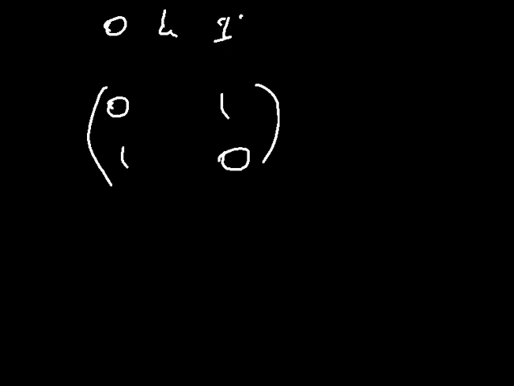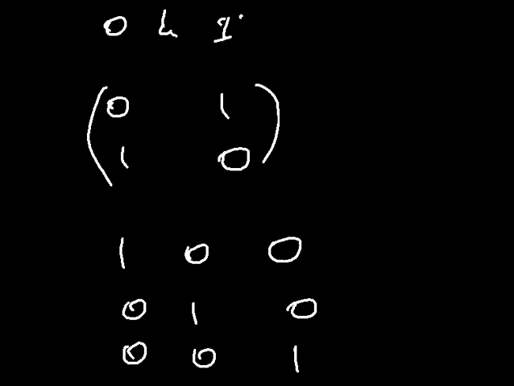You can see that the ones are diagonally presented, and the zeros are also in their places. We can have 1, 0, 0, then 0, 1, 0, then 0, 0, 1. So this is what we call the identity matrices. In this case, the ones are diagonally presented. That is a typical identity matrix.